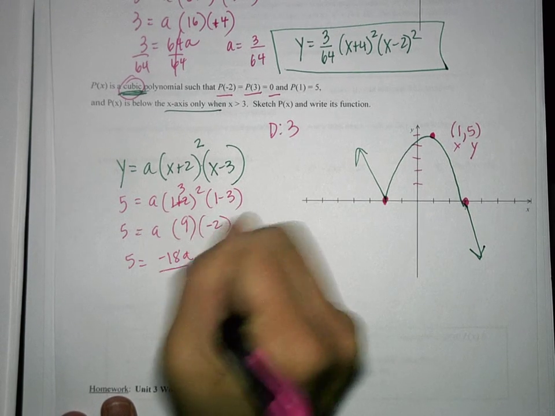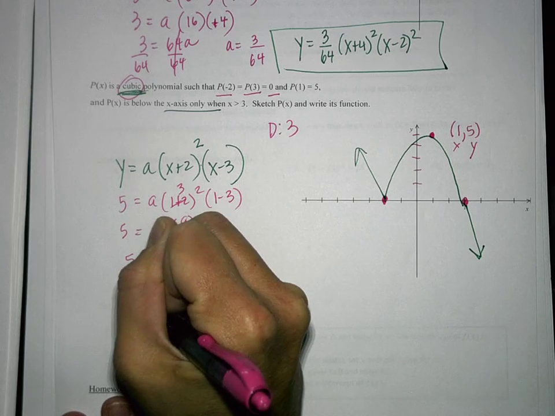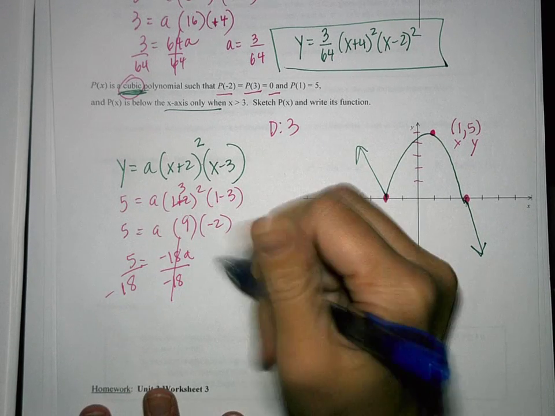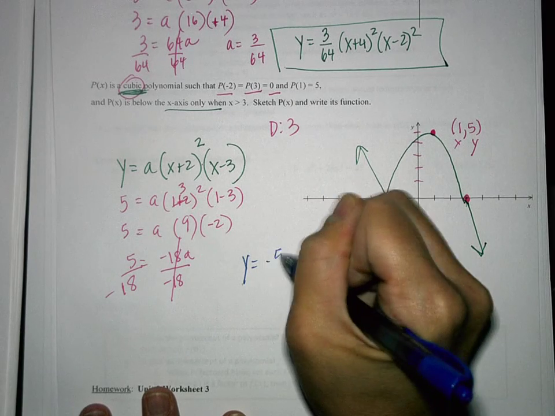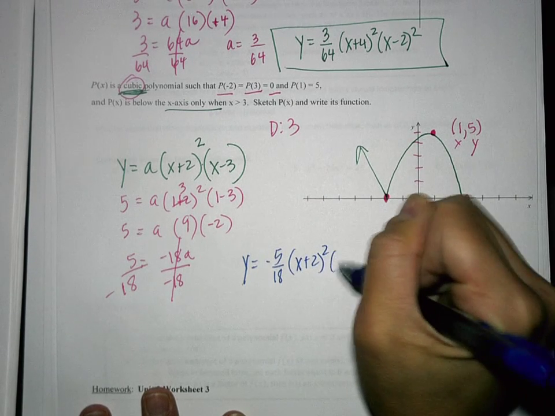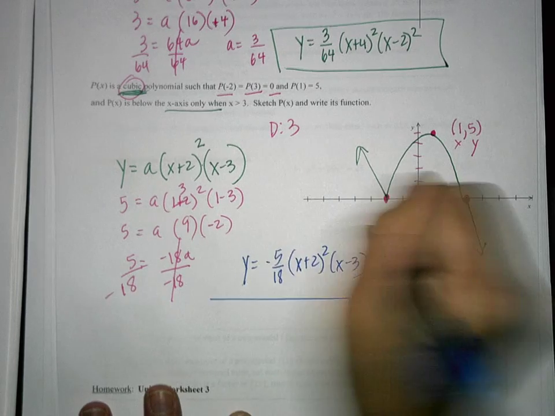I know I'm going fast. You can go back and watch this later. That's what A equals. So my final equation is y equals negative 5 over 18 times x plus 2 squared times x minus 3. All right.